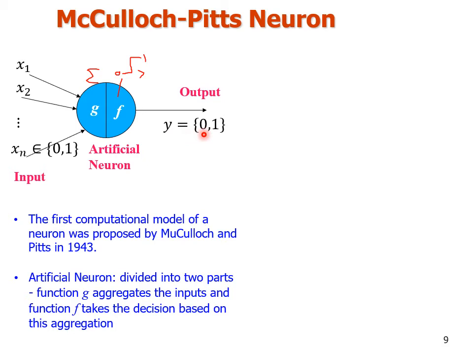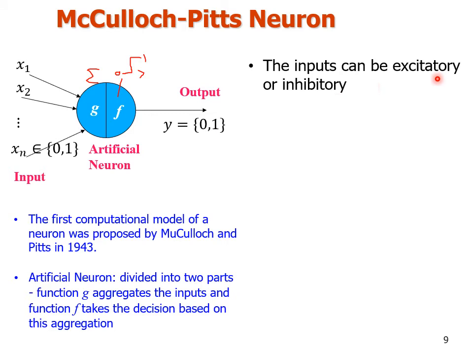As I mentioned, we are having n number of inputs. Now the inputs can be excitatory or inhibitory. So what do we mean by that? Let us see what is inhibitory first. Once again, see our movie example. If we are having one input that is inhibitory, say for example, I am ill.